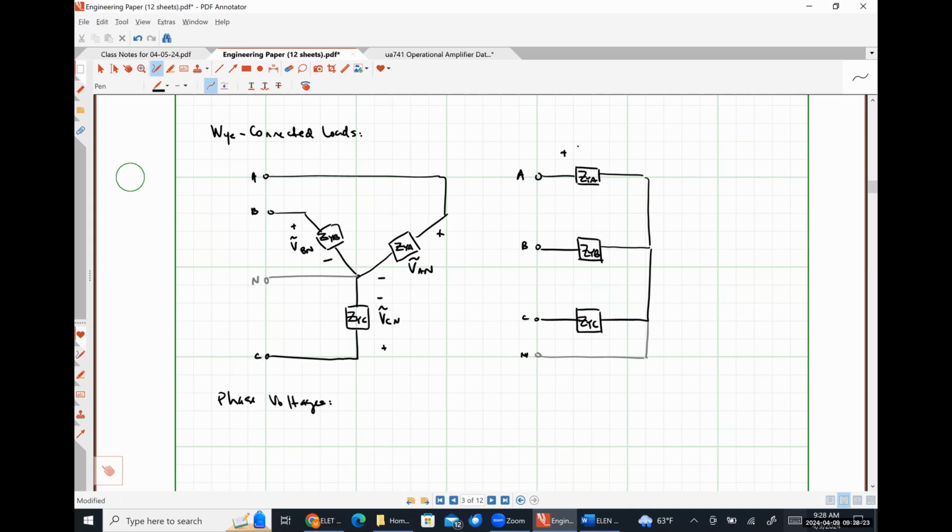I'm going to go ahead and draw them on my modern representation over here. Like so.